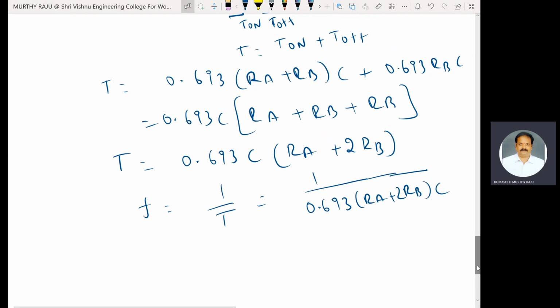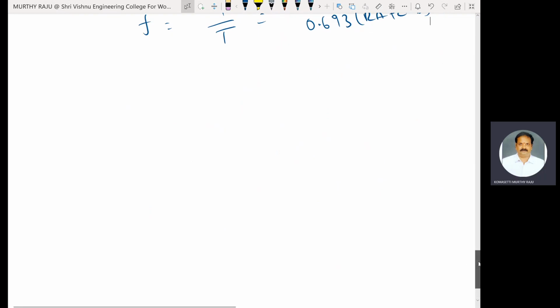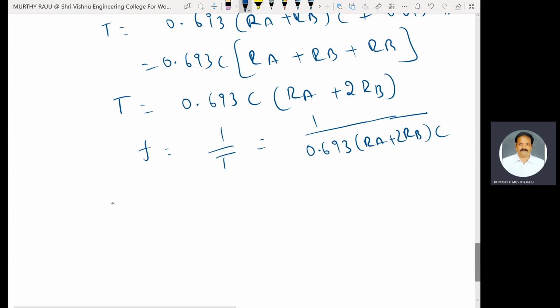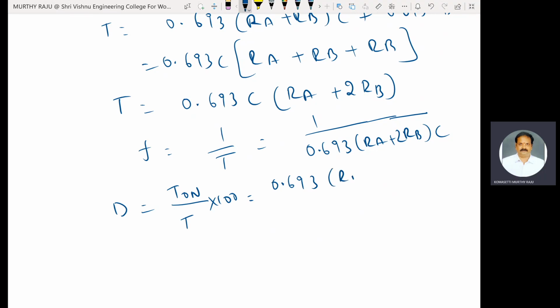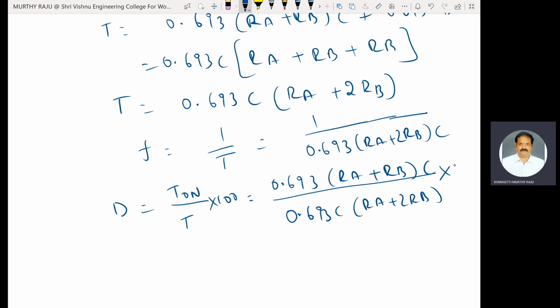Next, calculate the duty cycle of the waveform. That is duty cycle D is equal to T on by T into 100. T on we know in the charging case is TC, that is 0.693 RA plus RB into C, divided by total time T, which is 0.693 C RA plus 2 RB, into 100.